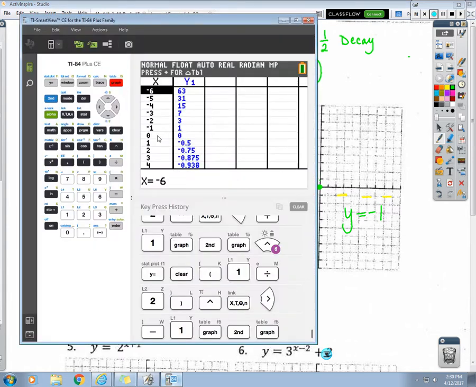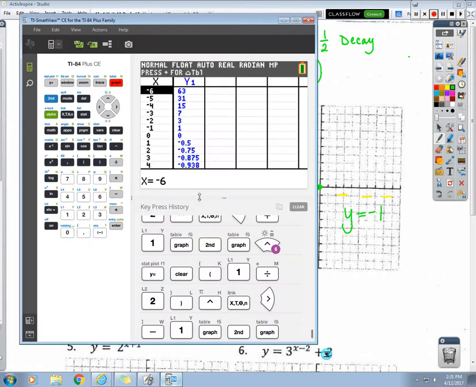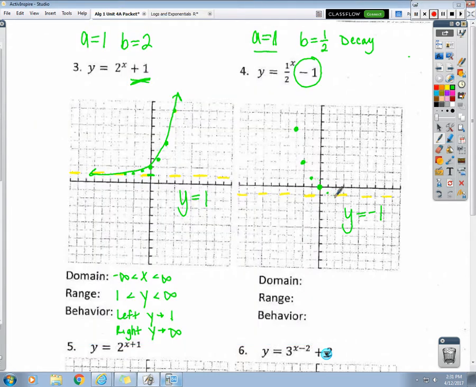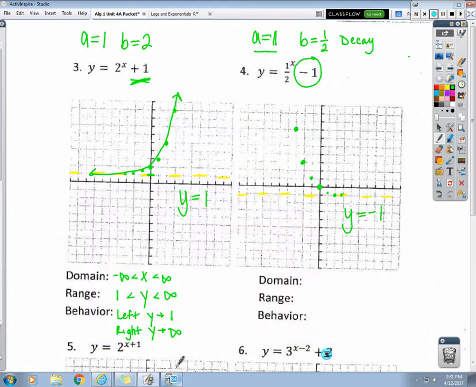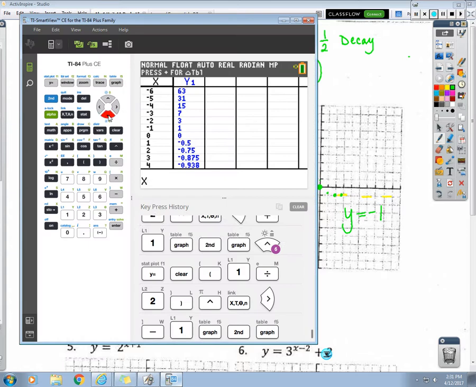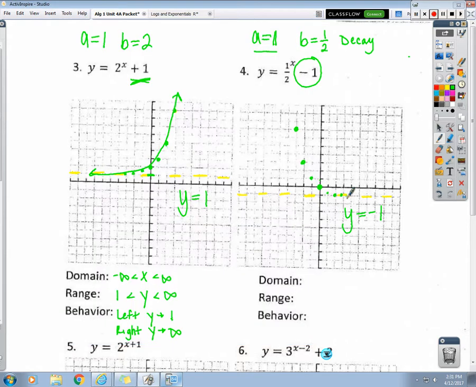Then 0, 0 we already have because we knew the rules that it started at 1 but then it got moved down 1, which placed it at the origin. And then 1, negative 1/2. 2, negative 0.75. 3, negative 0.875. So see how as you go to the right side, the numbers are getting closer and closer to negative 1, like negative 0.9, they get closer and closer to negative 1 because that's where the asymptote is. Yes?